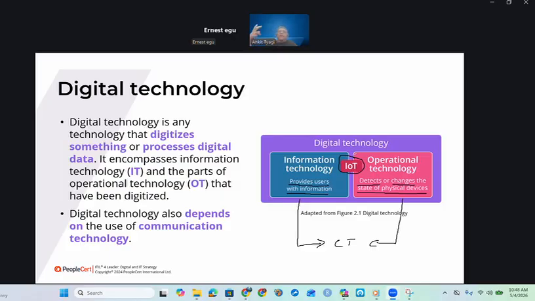And the way that you're using to connect to it could be Bluetooth, internet, infrared, anything; that is your communication technology. So that also makes it a part of digital technology, right? Anything that digitizes something or processes the digital data is considered digital technology.